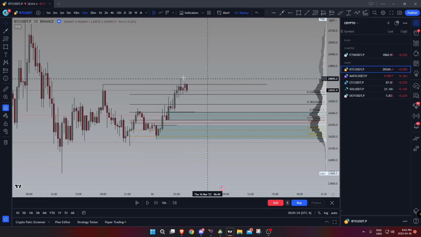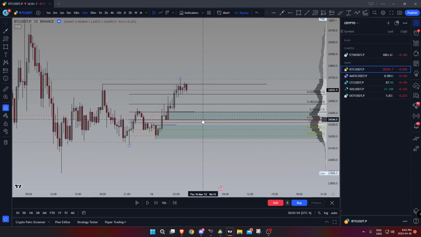If we take all this range right here, you see this is the one that has pretty much all the volume traded. So this is probably the one I will use.